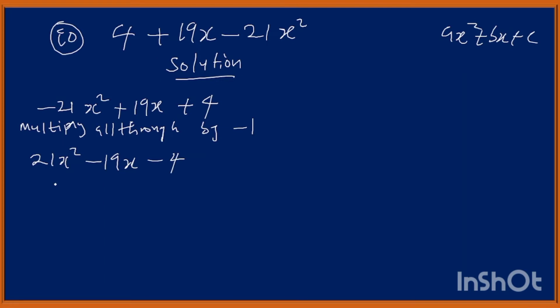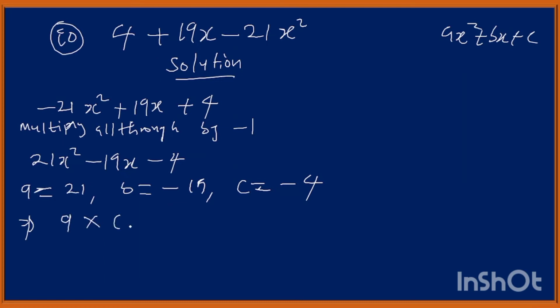So we can now pick our a, b, c. So a is equal to 21, b is the coefficient of x, which is minus 19, and c is the constant term, which is minus 4. So the next step for us is to multiply a by c. A is 21.